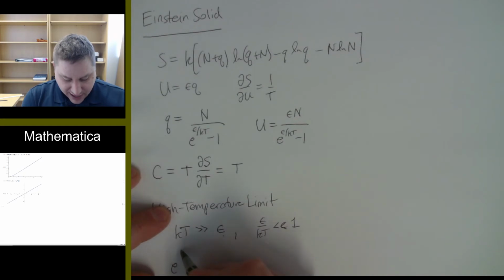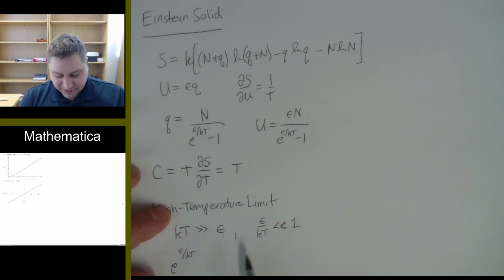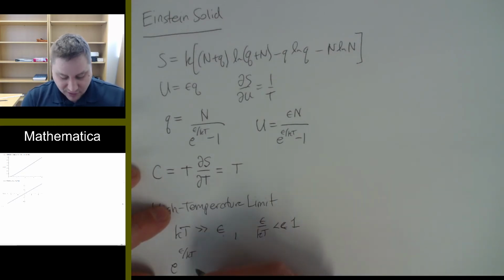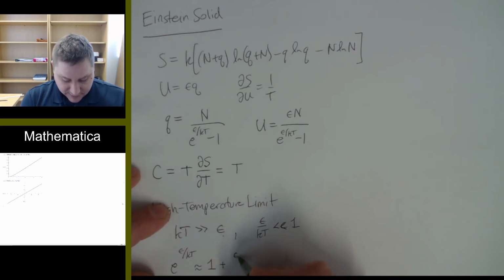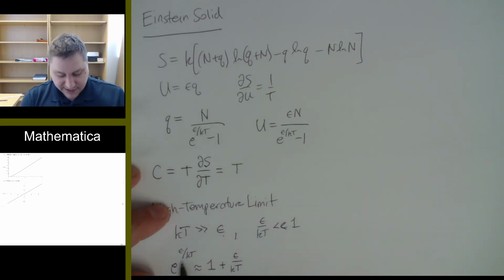And then if we ever, in any branch of physics, have the exponential of something which is extremely small, that is approximately equal to 1, and the next best correction is 1 plus the exponent. Okay, so we'll be using that.